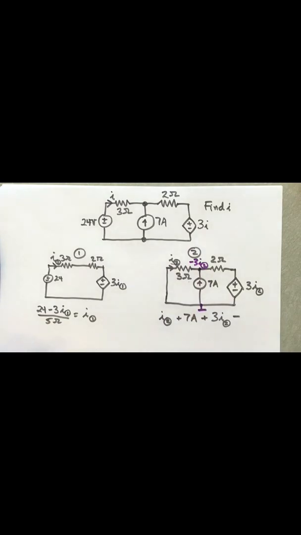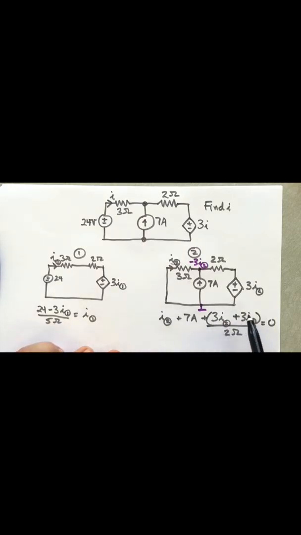So that's minus 3 I2. So 3 I2 minus 3 I2, so it's plus 3 I2. So that's the voltage drop from here to here divided by 2 ohms. Sorry, that's potential divided by resistance. And that has to sum to 0 by KCL, so we can use this to solve for I2.